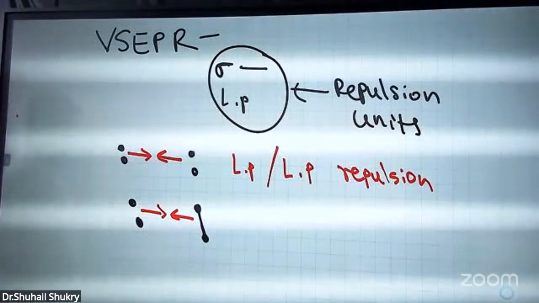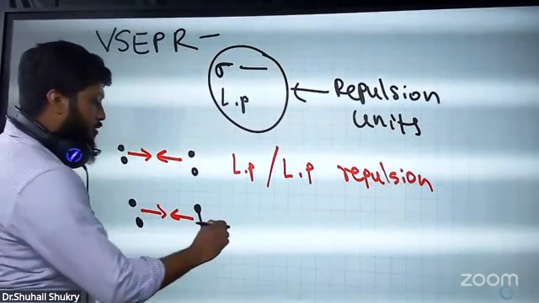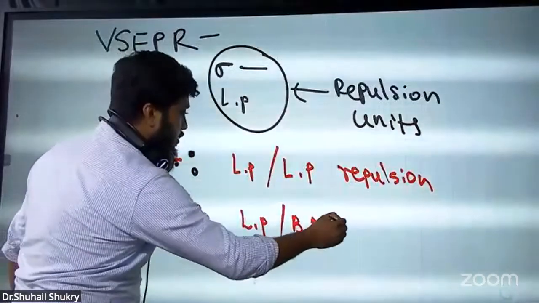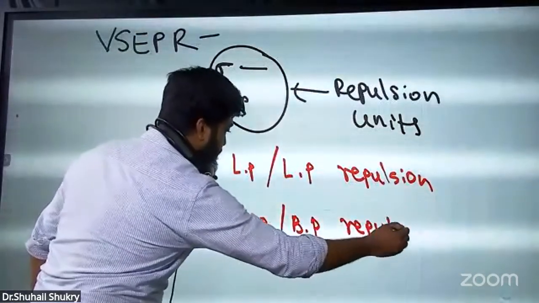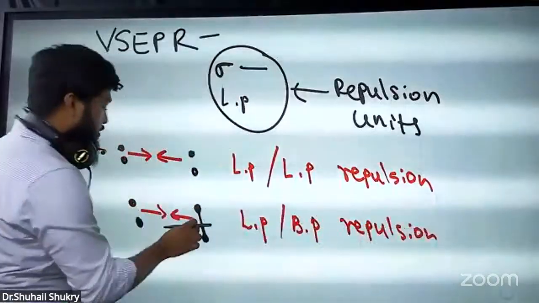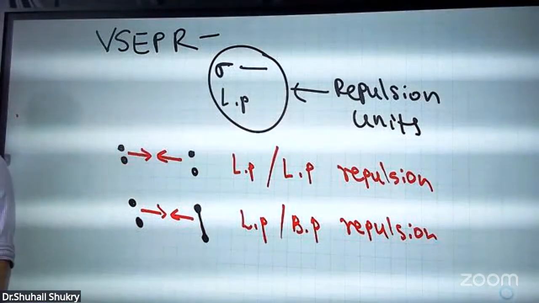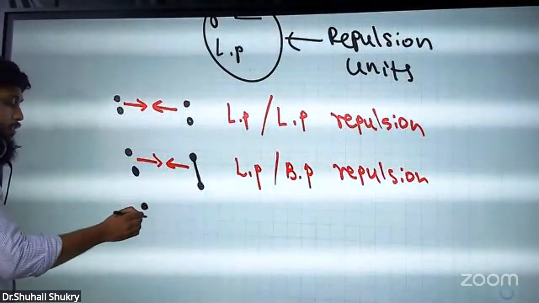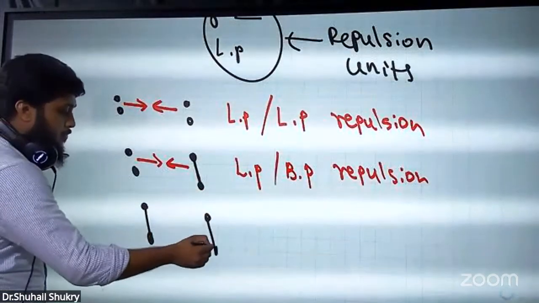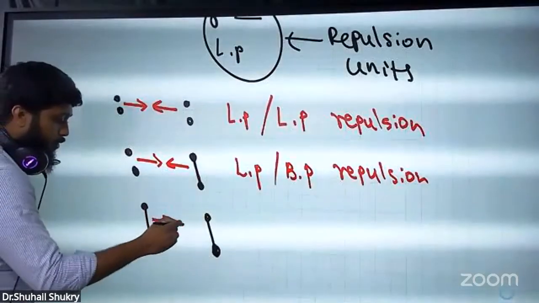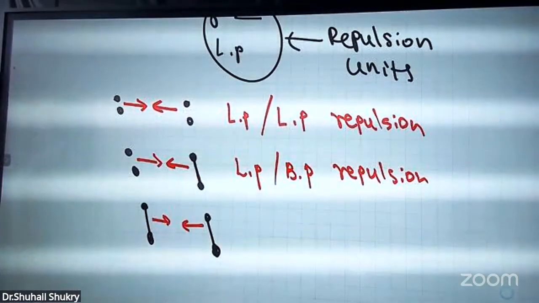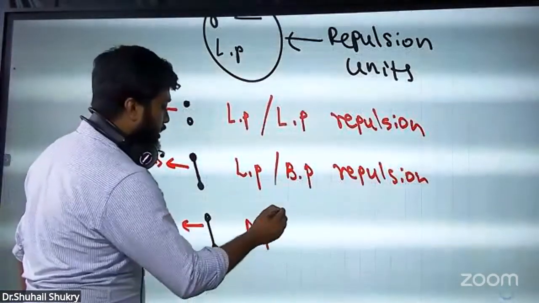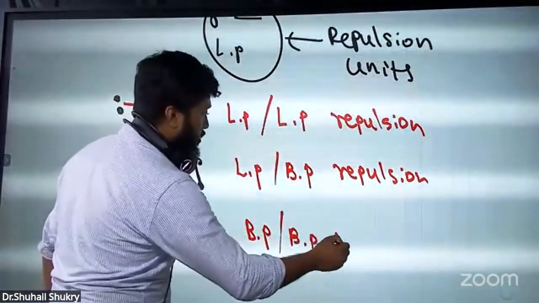This one is lone pair and bond pair repulsion, because this is bonded electrons and this is lone electrons. Third, between the bonds and bonds there is also repulsion, so I call this bond pair repulsion.